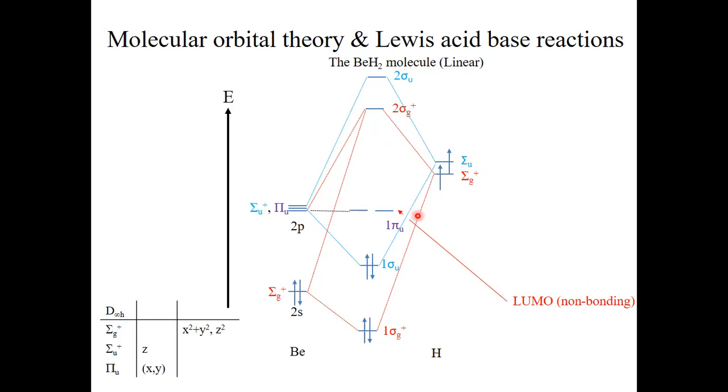All right. So let us see in the following what the nature of the dative bond is, depending on the relative energies of the HOMO of the donor and the LUMO of the acceptor.